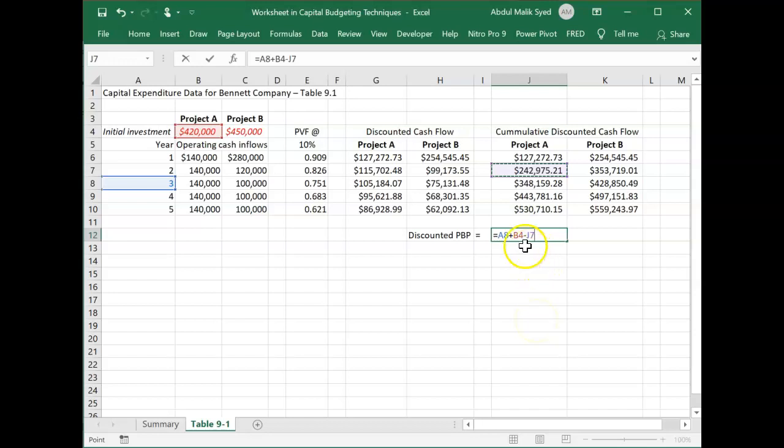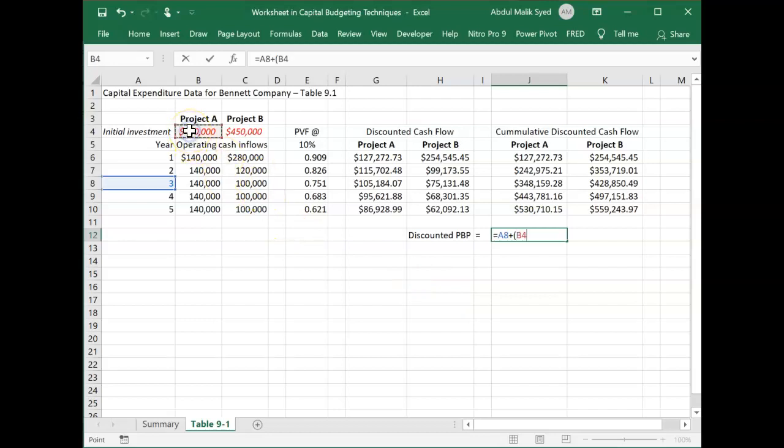And so I can say this in bracket, and then divided by the amount of money I am going to receive in the fourth year. I think we have done something wrong. It is the third year plus a fraction of the fourth year.